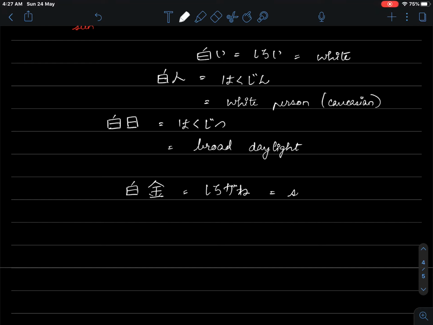If you guessed silver, you're absolutely right. Okay, this can also mean money, because you know that the kanji means both metal and money. You're talking about white money, which means silver coins.